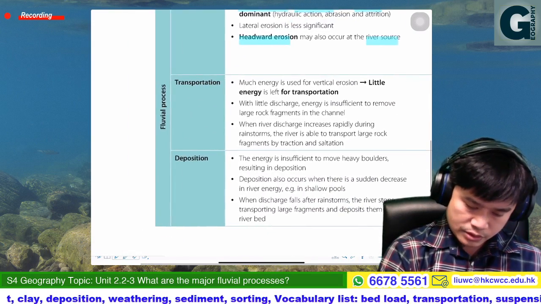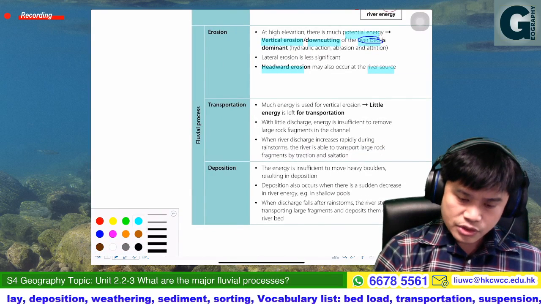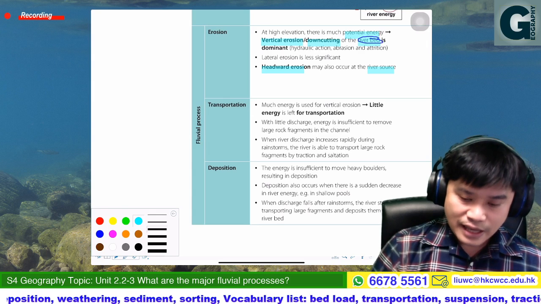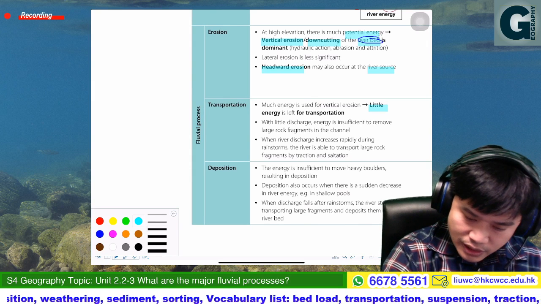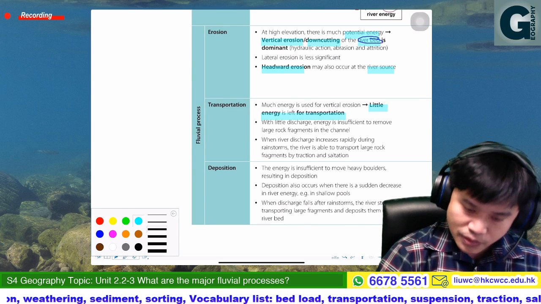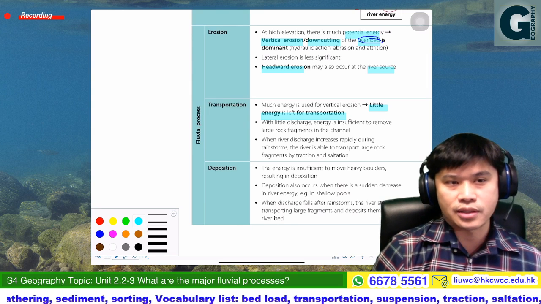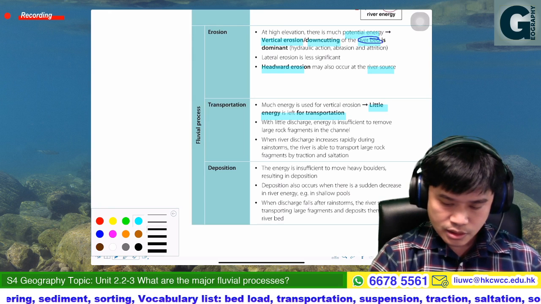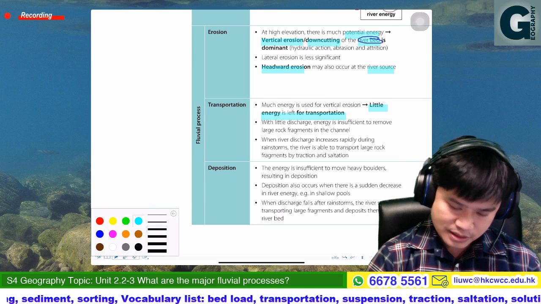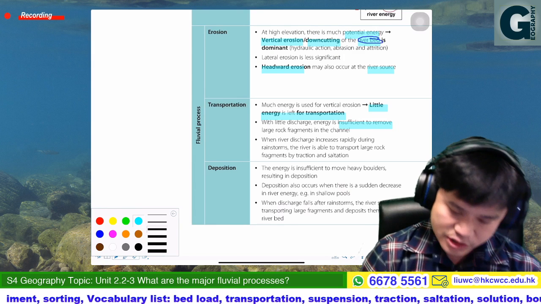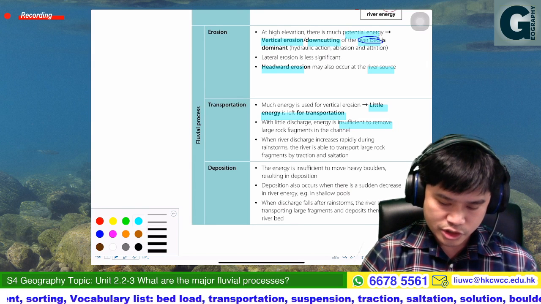Then the second one, transportation. As much energy is used for vertical erosion, there's only a little energy left for transportation. 唔係有咁多嘅 transportation 喺上游嗰度會出現嘅啫。So with little discharge, energy is insufficient to remove the large rock fragments in the channel.